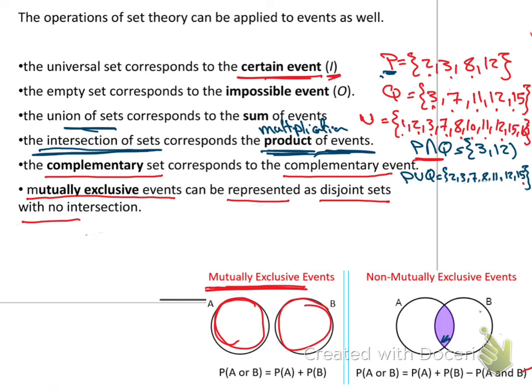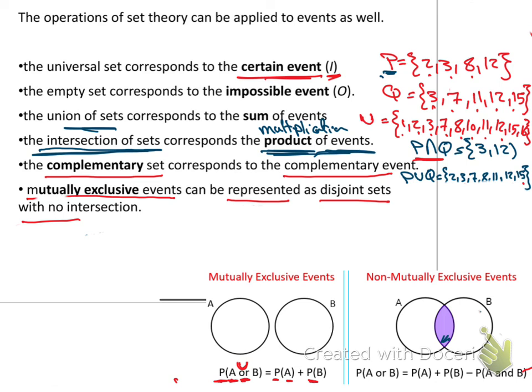In this case, the probability of A union B, which is called OR, A or B, will make the elements bigger in number. If I have 5 elements here and 4 elements here, when I unite them, it will give me 9. So A union B equals the probability of A plus the probability of B, because here they are disjoint, mutually exclusive.